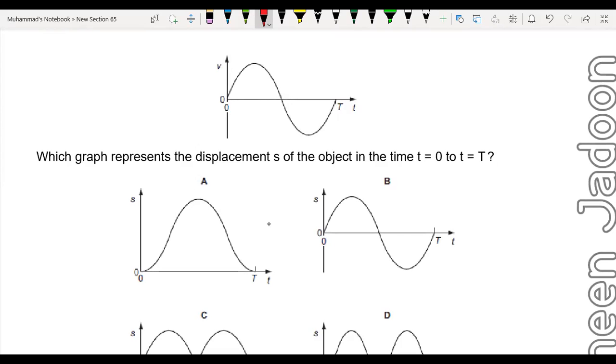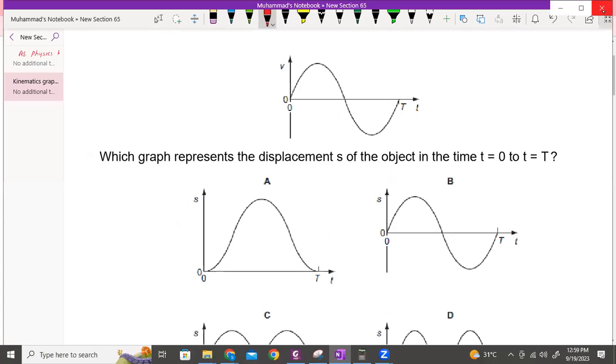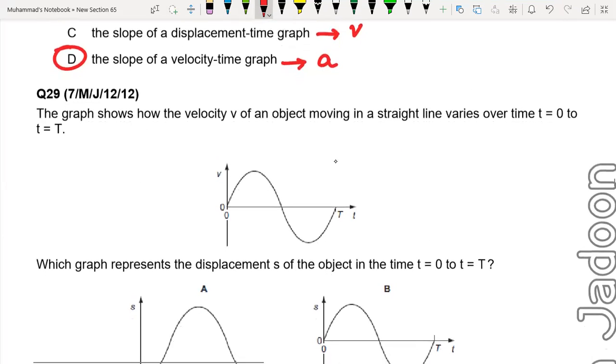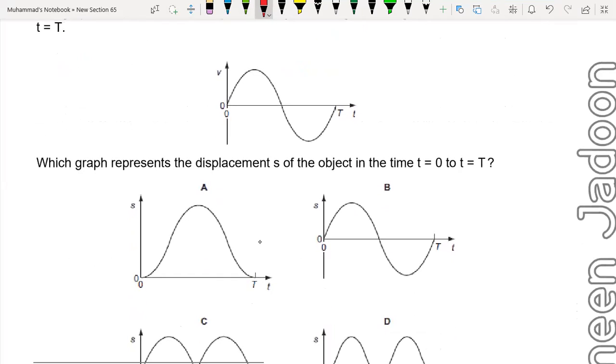We are given a velocity time graph. The graph shows how the velocity of an object moving in a straight line varies over time from t equal to 0 to t equal to t. Which graph represents the displacement s of the object?